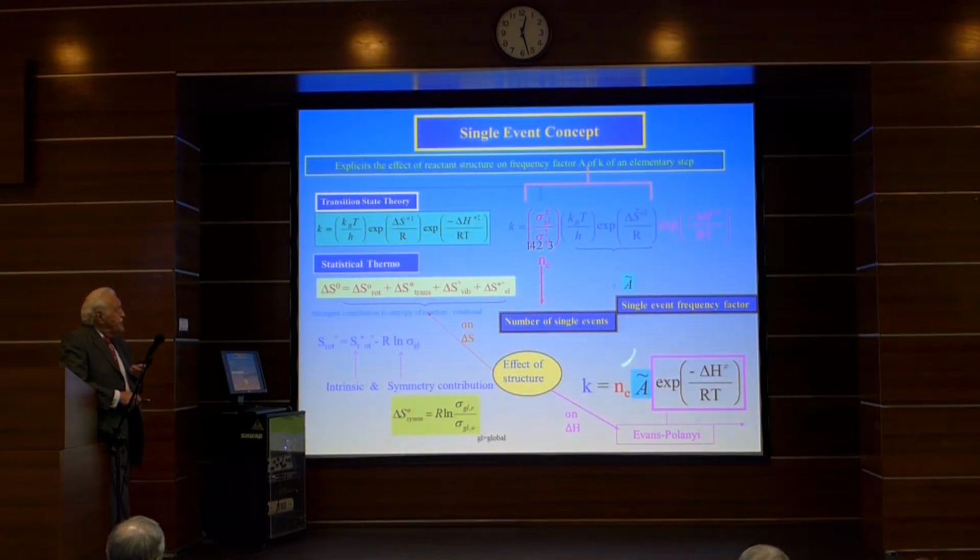So we have this number of single events, we have the entropy contribution, and this is the enthalpy contribution, and we didn't have to invent anything there. That is well known. That is related to the structure through the Evans-Polanyi relation that was derived in the 1930s, 1940s.